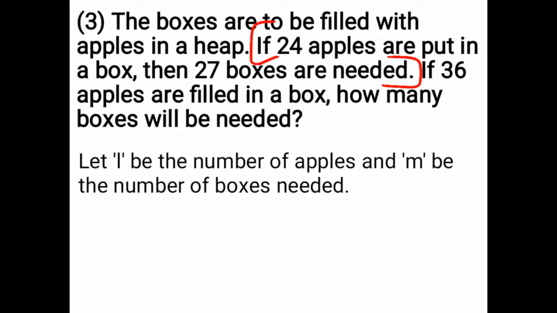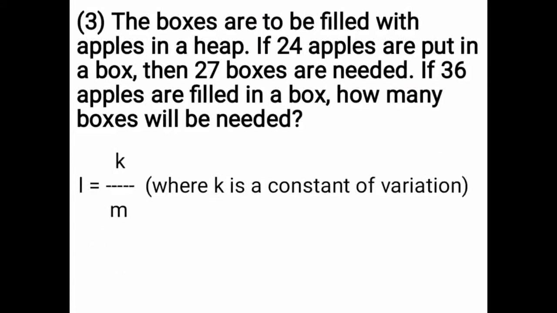This is an example of inverse variation. L is inversely proportional to M. L is equal to K upon M, where K is a constant of variation. This is the formula of the constant of variation in inverse variation. You have to write the equation of variation form.